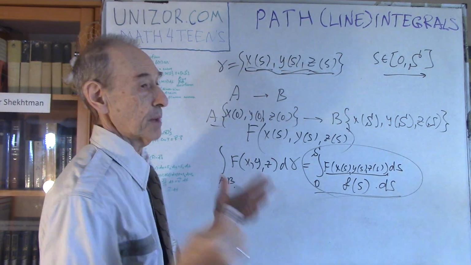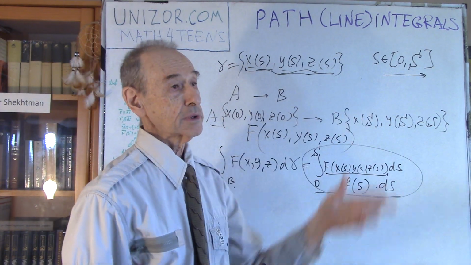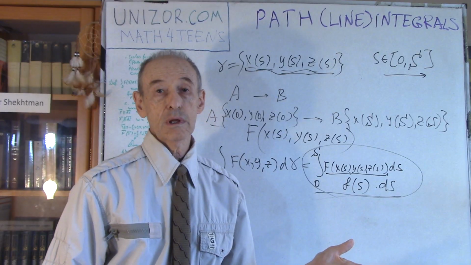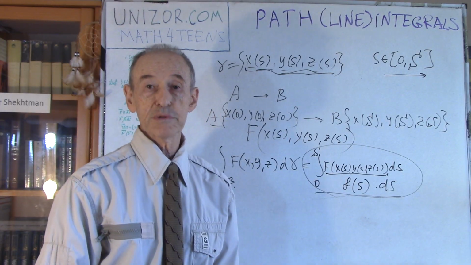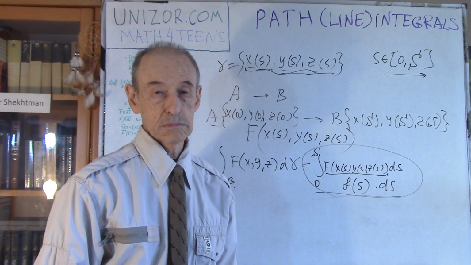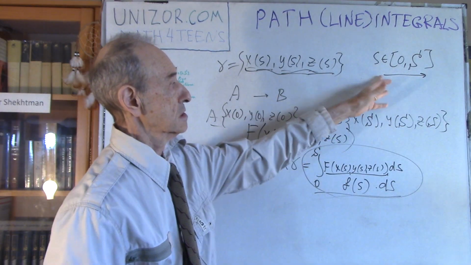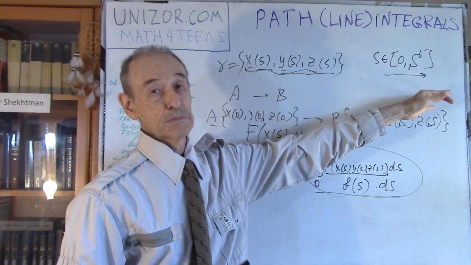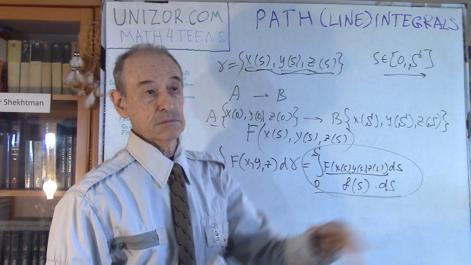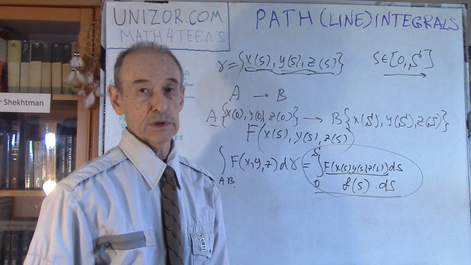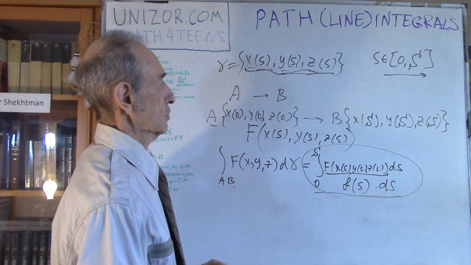Now, what can be a parameter? Parameter can be, for example, the length from the beginning of this path. So in the beginning it's 0, at the end it's basically the total length of the path in meters or whatever measure you would like to use.